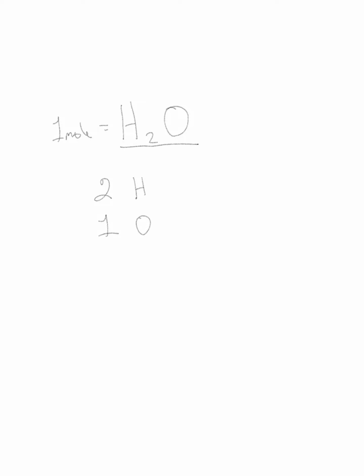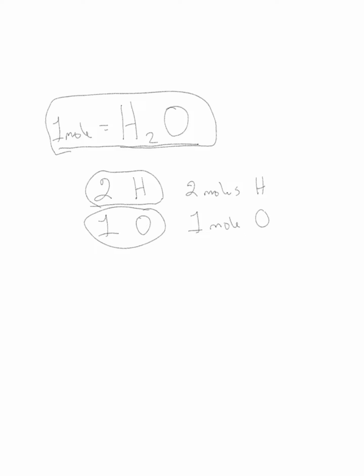In every mole of water, I would have actually 2 moles of hydrogen, and I have 1 mole of oxygen. So if I have 1 mole of water, H2O, I have to calculate the mass of 2 moles of hydrogen and calculate the mass of 1 mole of oxygen. And I'll add those together, and that's how we get the molar mass for this compound. And that's actually what we're doing in the 2 previous problems.